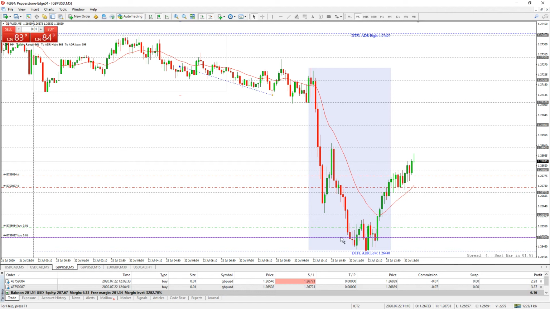And then price went up. So you can see where I took my buy. I took two areas, here and here. In fact, I already closed one position from here and one position from here, and I have my trailing stop, one at 10 pips and one at 15, right?